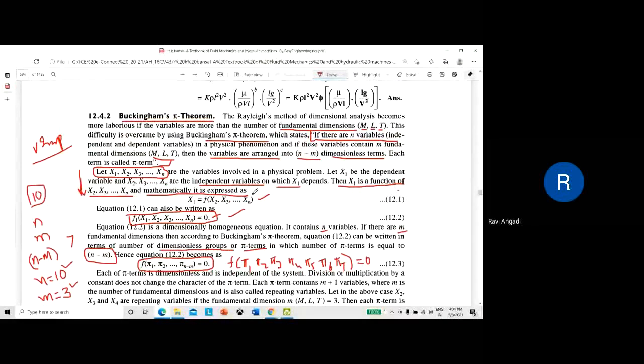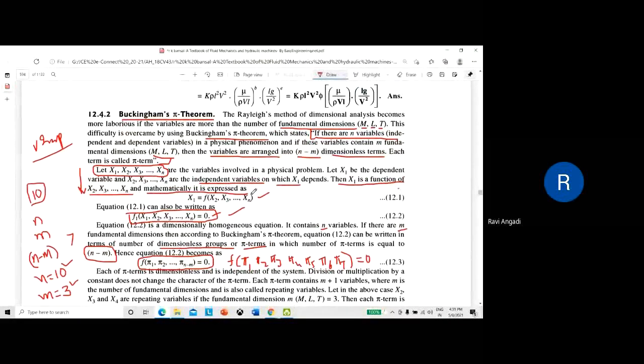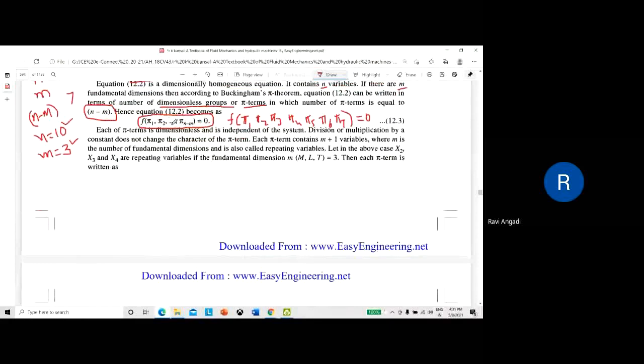They are called pi terms or the dimensionless groups, and those pi terms are expressed in a functional relationship. Then after expressing the functional relationship like this, each pi term is to be solved. Each pi term is a dimensionless term and is independent of the system.